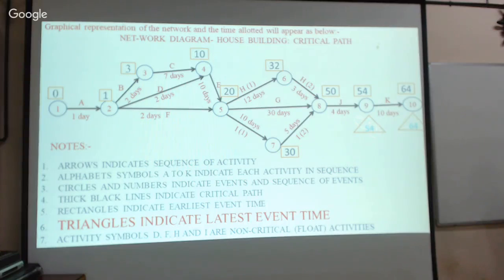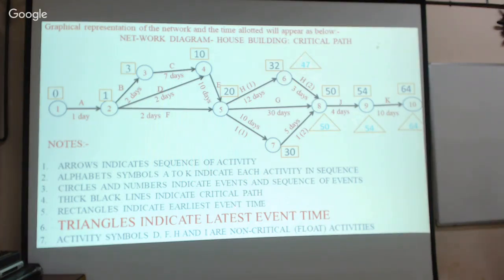And similarly, to reach this point, the latest event time is 54 minus 4. Therefore, we get 50. Understood? Got it? Now, similarly, the latest event time for this event is 50 minus 3, which is 47 days.